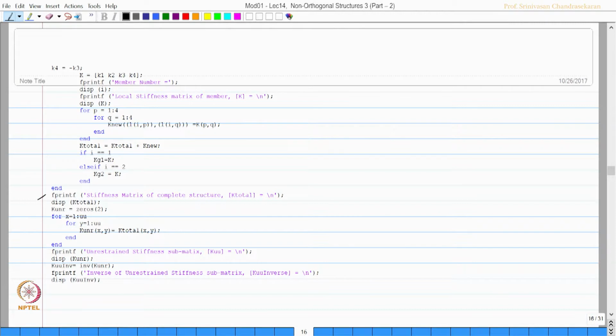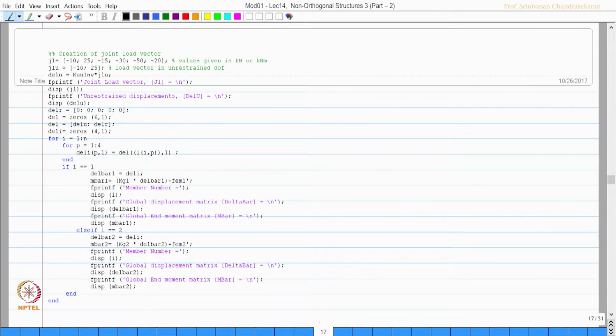Okay. Then we try to get the unrestrained stiffness matrix alone. Then we get the inverse of that, then subsequently we give the joint loads. If you look at the joint loads, we already computed this from the last lecture. Amongst these, the first two values are unrestrained joint loads.